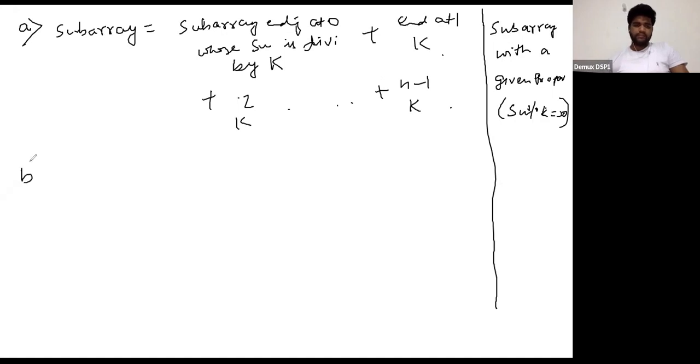The next step is: how do I find out all subarrays ending at a particular j whose sum is divisible by k?